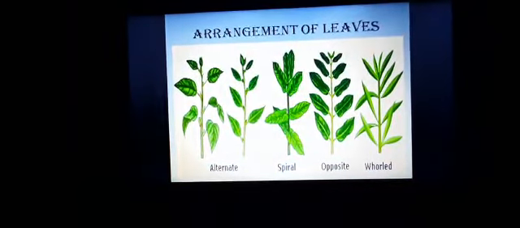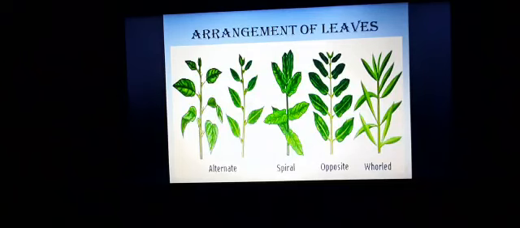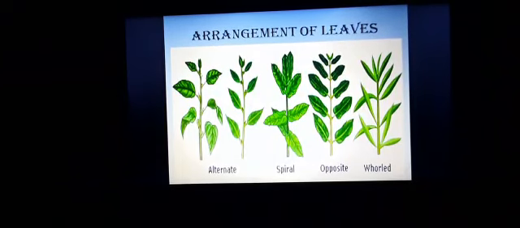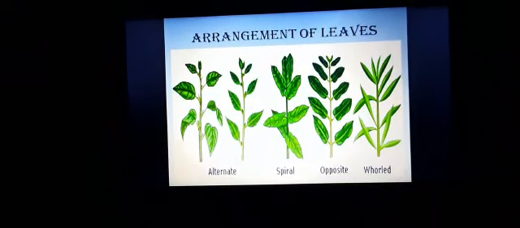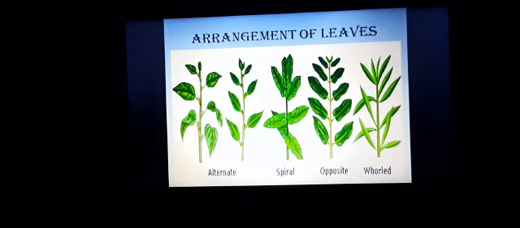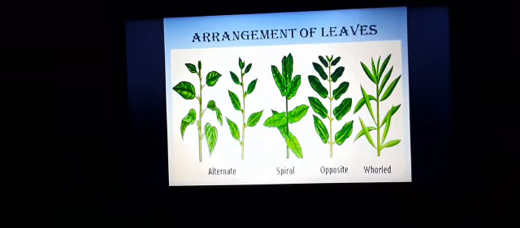Arrangement of leaves. When we talk about arrangement of leaves, we are actually seeing how the leaves are arranged on the stem and the branches of the plant. So on the basis of arrangement, they can be classified as alternate arrangement, opposite arrangement, and whorled arrangement.